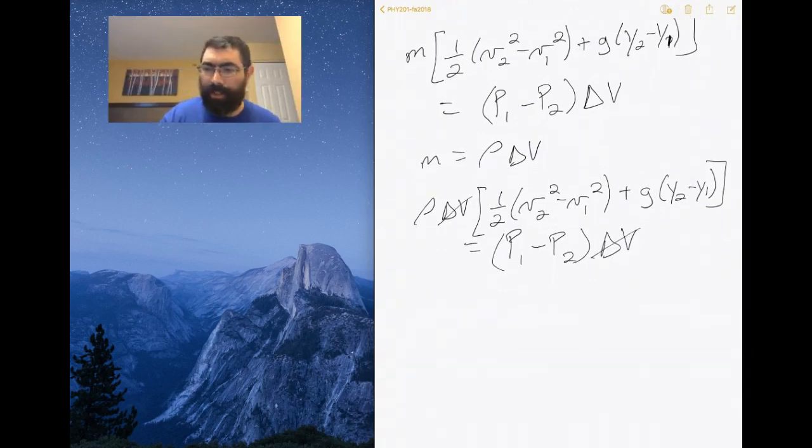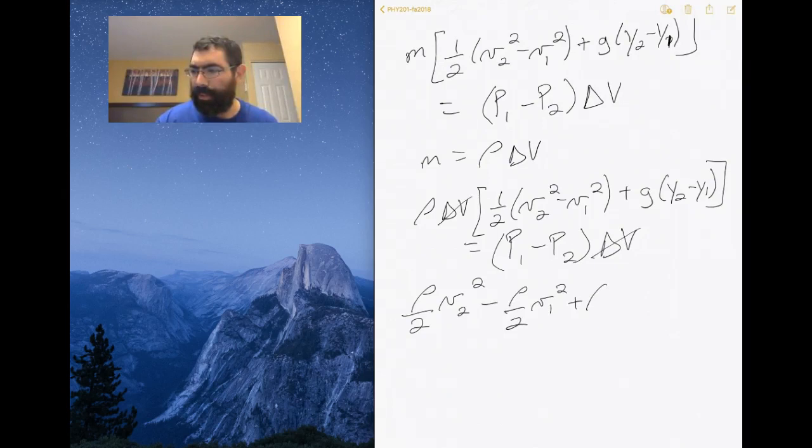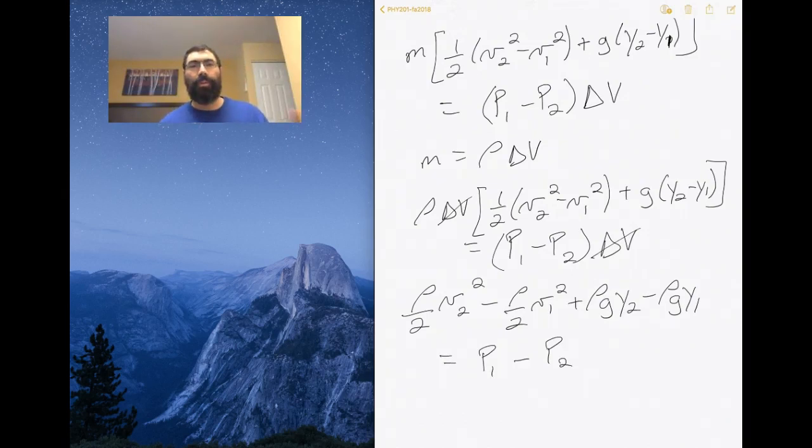And now we can write this out fully as 1/2 the density times V2 squared minus 1/2 the density V1 squared plus the density times g y2 minus the density g y1 is equal to pressure 1 minus pressure 2.